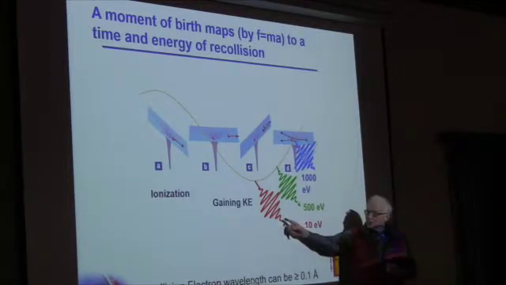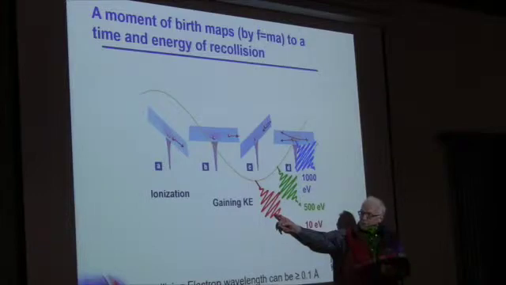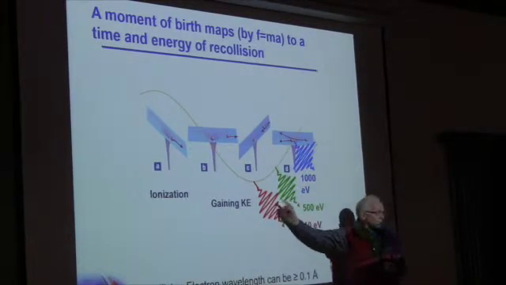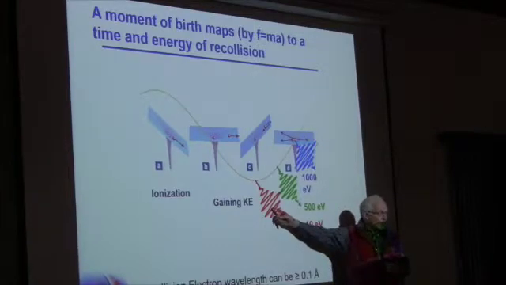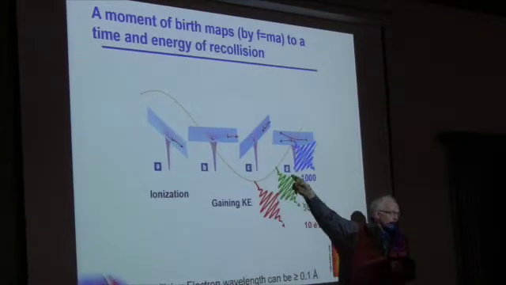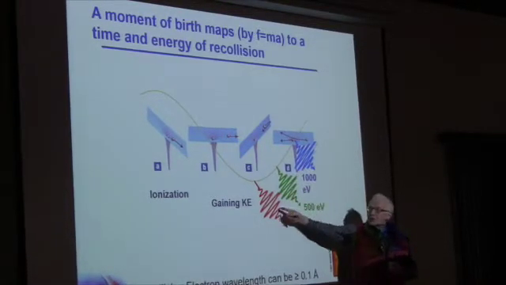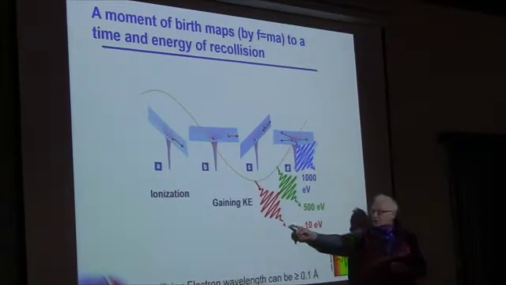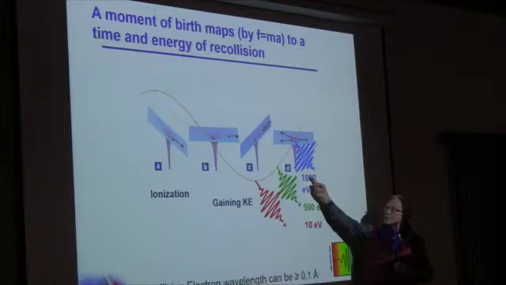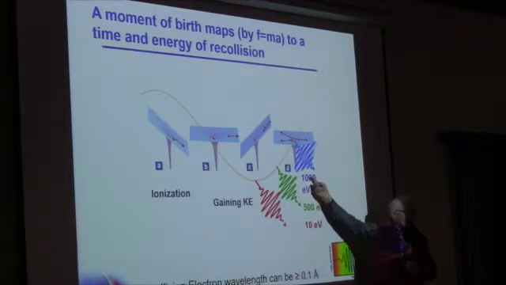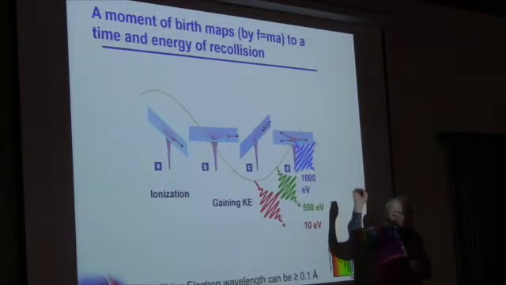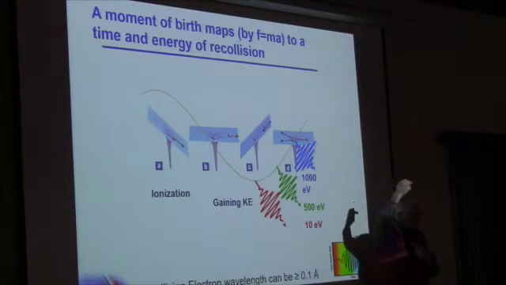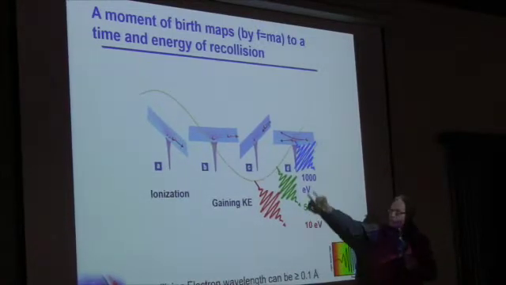Okay, so first thing you see is a large bandwidth given by F equals ma. You see a chirp on the pulse, just like we described before. It's a red chirp, or a blue chirp, right? It's going from red to blue. You'll see if you do F equals ma that the frequency of the electron coming back depends on the wavelength of the light that's driving this, the ionization potential of the atom, and then we need the tunneling.